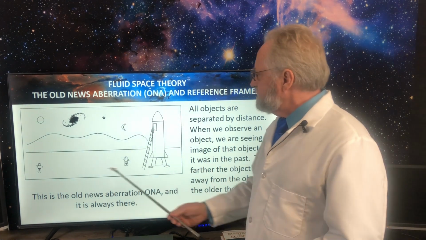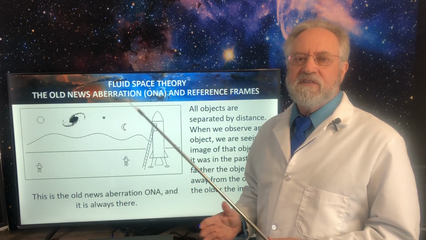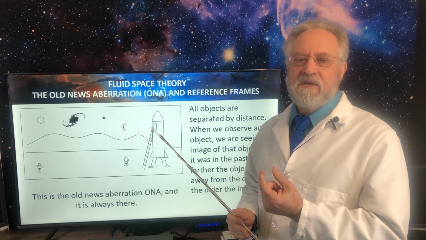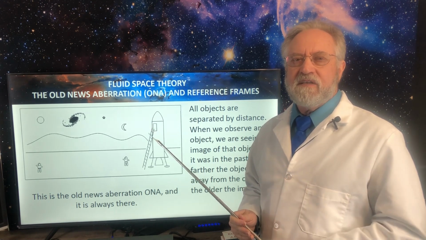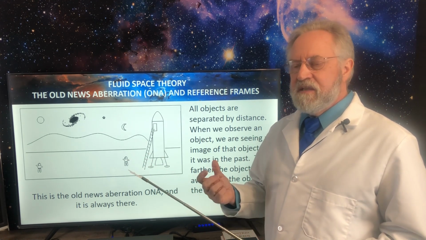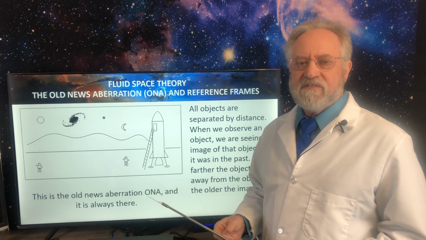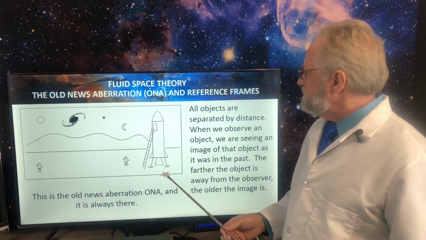Well, you have to understand that all objects are separated by some small distance. Even across an atom or a molecule, there's a distance, and there's an amount of time that it takes, at the speed of light, to move across that distance. Now, at microscopic scales, the time frame gets very, very short, so things happen almost instantaneously.